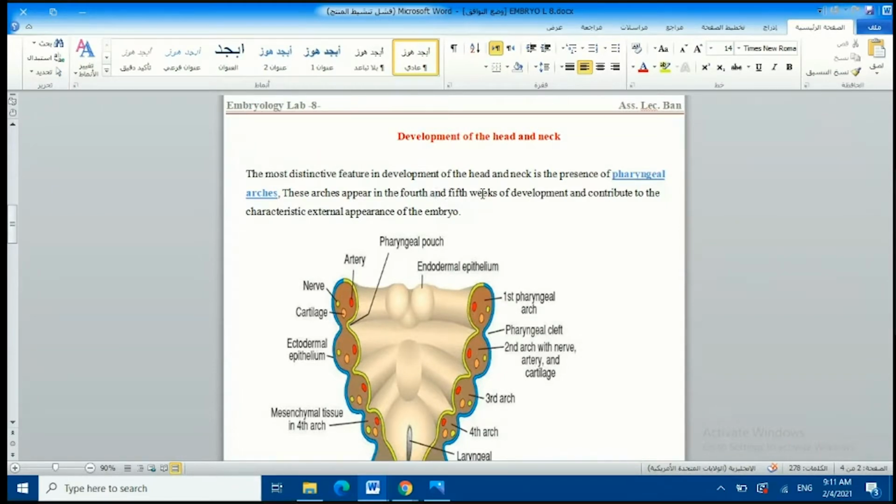Since we have the three germ layers, which include ectoderm, endoderm, and mesoderm, the head and neck can start to form.